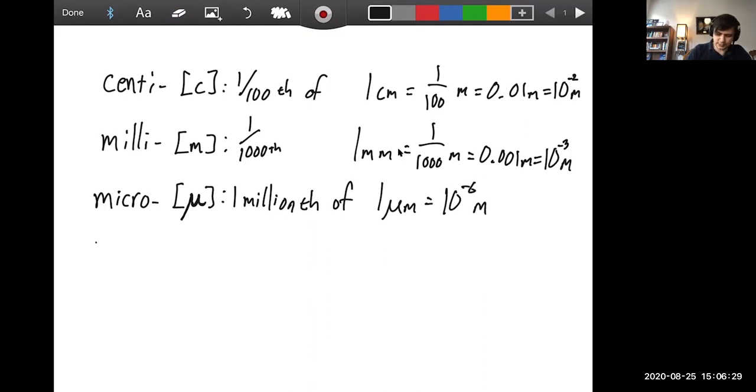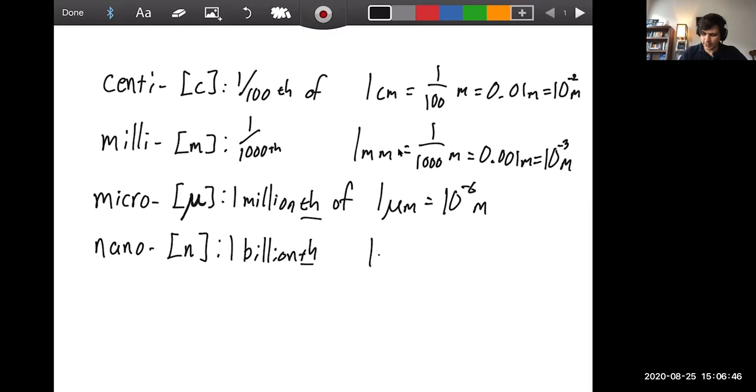And then the smallest one that we'll use in this class is nano, so nanotech, the nanoscale. We use the letter N, and that is 1 billionth. So 1 nanometer is 1 billionth of a meter, which would be 10 to the minus 9 meters.